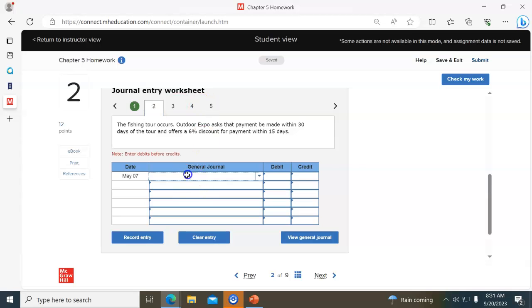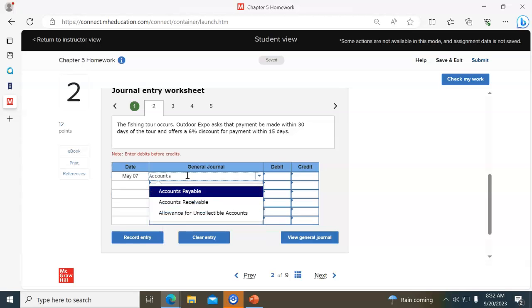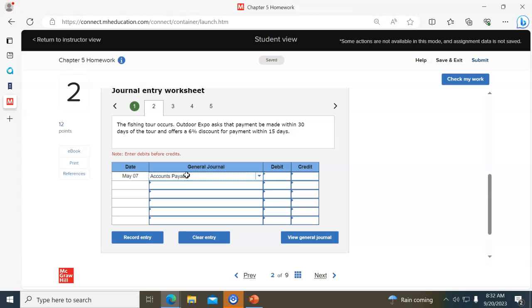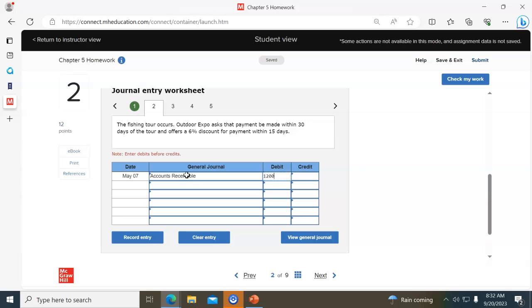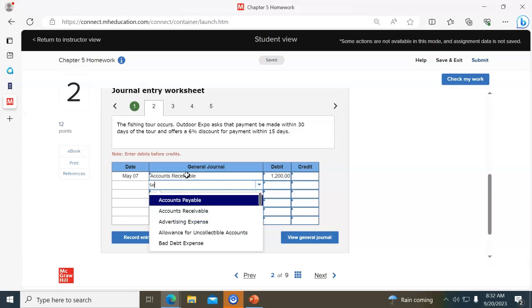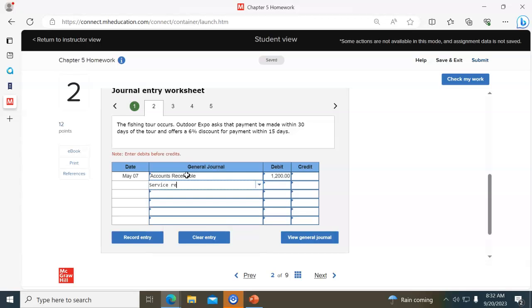So we show a service revenue as a credit. What's our debit? Accounts receivable of how much? $1,200, and we'll do our service revenue. Tour revenue, sorry. Tour revenue of $1,200.